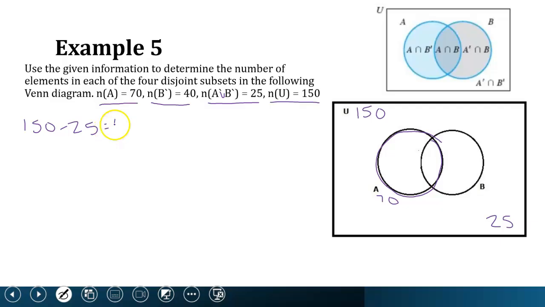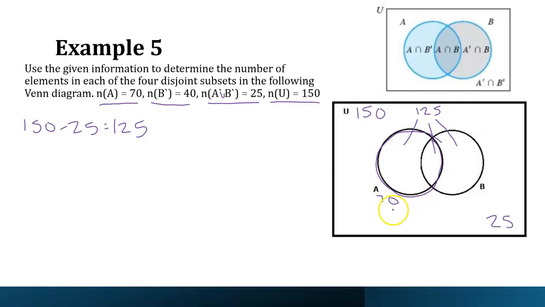So what do we have? We have 125 that should be in all three circles, should add up to 125. So we do know that information. And we know the whole subset of A is 70. So then we can figure out what is left over for the only B subset.